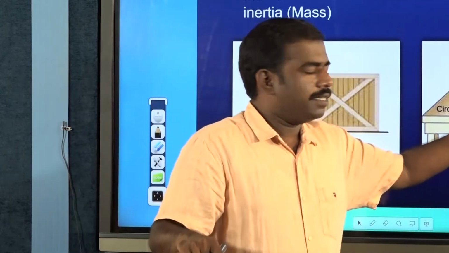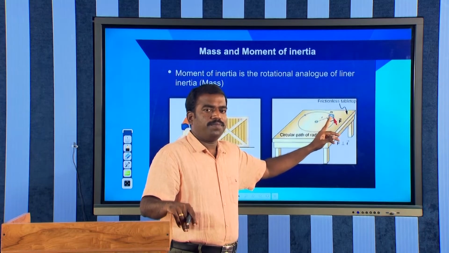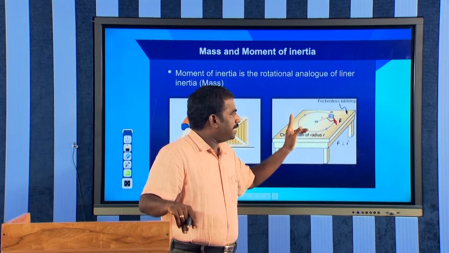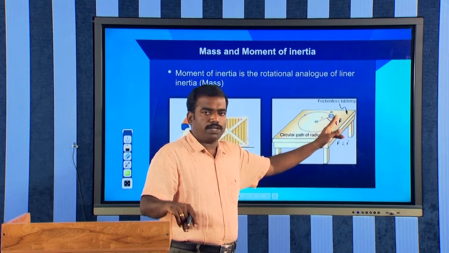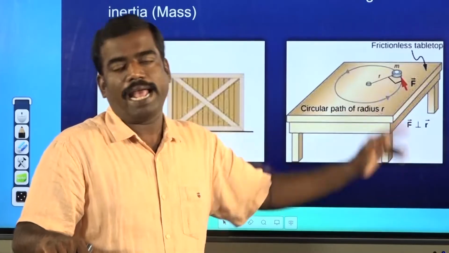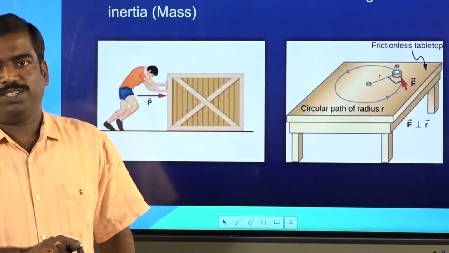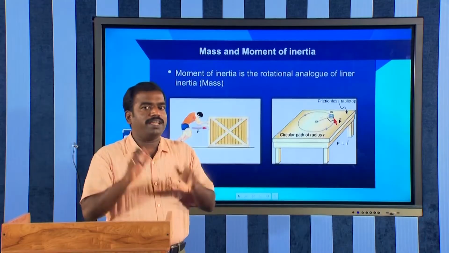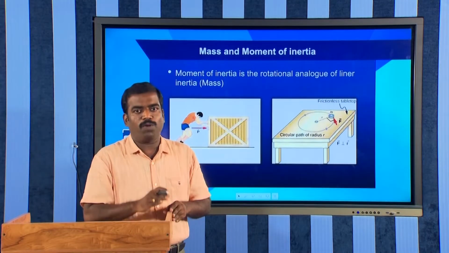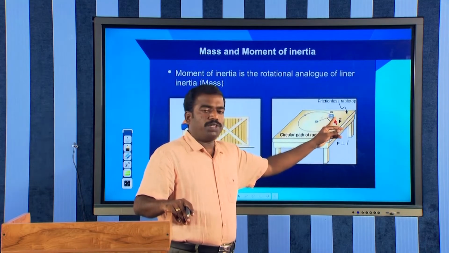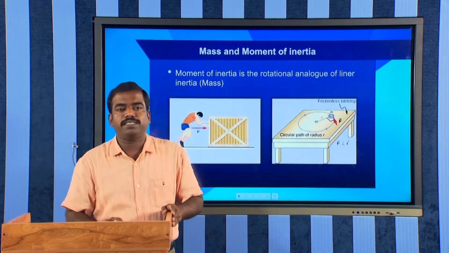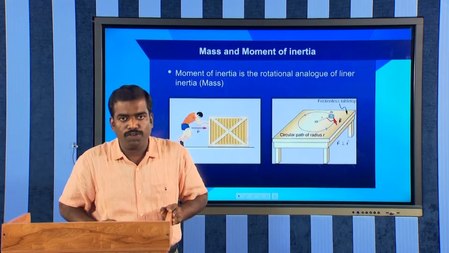Please see, the mass m is the same. What we did is just increase the radius of the circular path, the distance from the axis of rotation. During that time, moment of inertia changes. So moment of inertia depends on the mass of the particle as well as the distribution of mass from the axis of rotation.